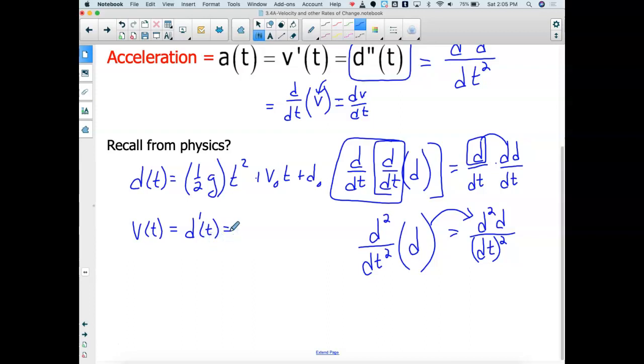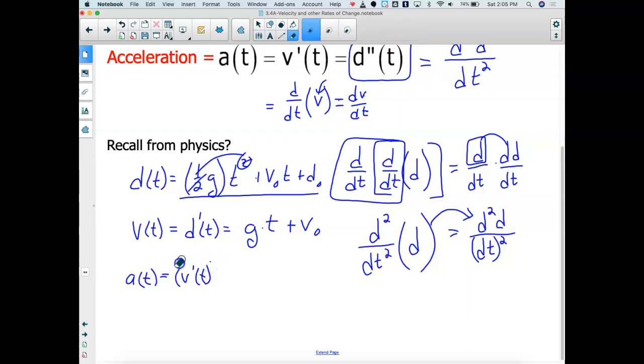But you guys look at it as acceleration due to gravity times time plus initial velocity. Well, check it out. If I took the derivative of this, 2 times the half gets rid of that, doesn't it? And I'm left with g times t. G is a constant, the acceleration due to gravity. And our acceleration, in calculus, we call that v prime of t.